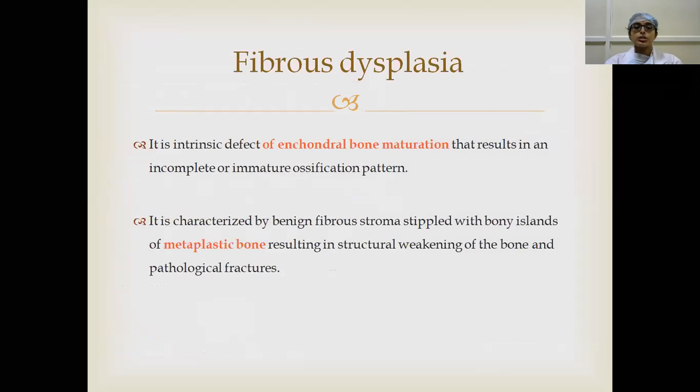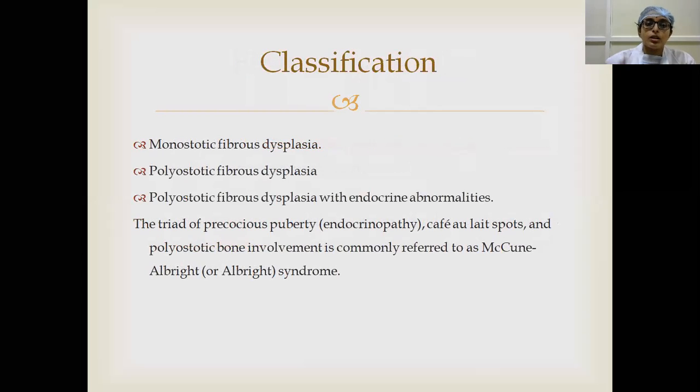The basic thing to remember is, the tumor is basically characterized by benign fibrous tissue intermingled with some bony islands of metaplastic bone. Because the fibrous component is increased, there will be structural weakening of the bone, and as the bone weakens, it results in pathological fractures.